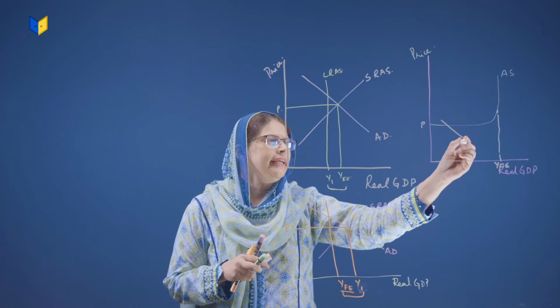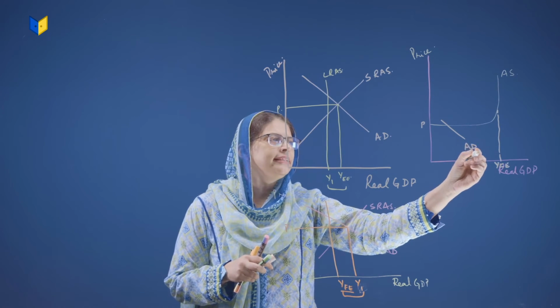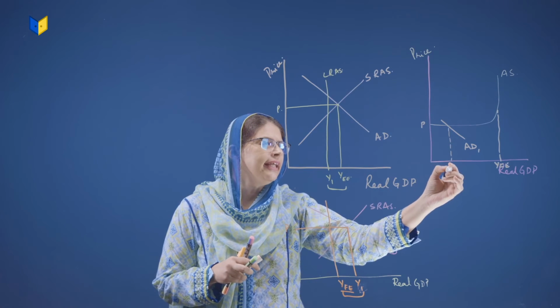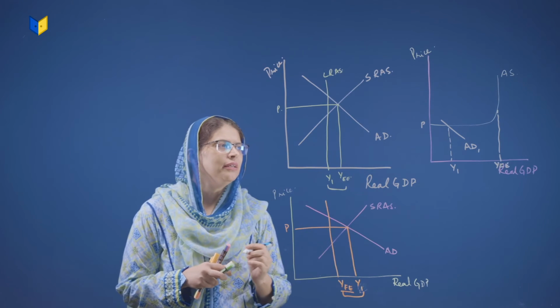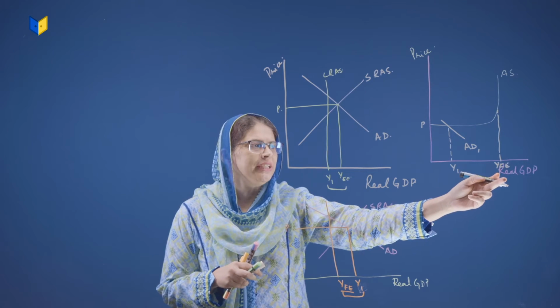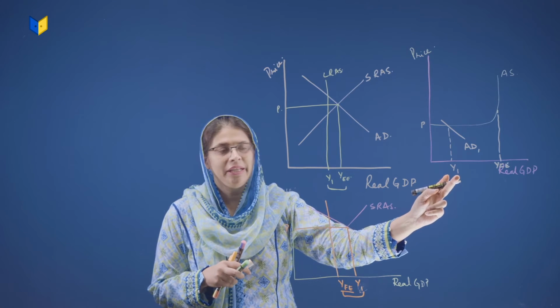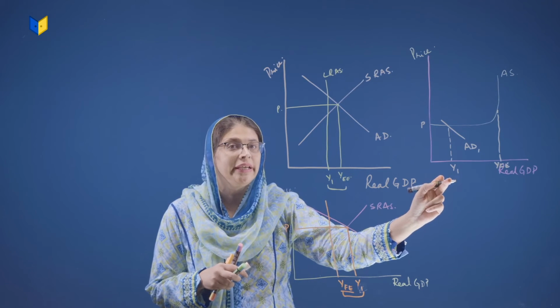Now if the aggregate demand is at this point, you can see that there is a negative output gap over here because the potential is here but the actual is here. ठीक है, पोटेंशियल ये है, एक्चुअल ये है.